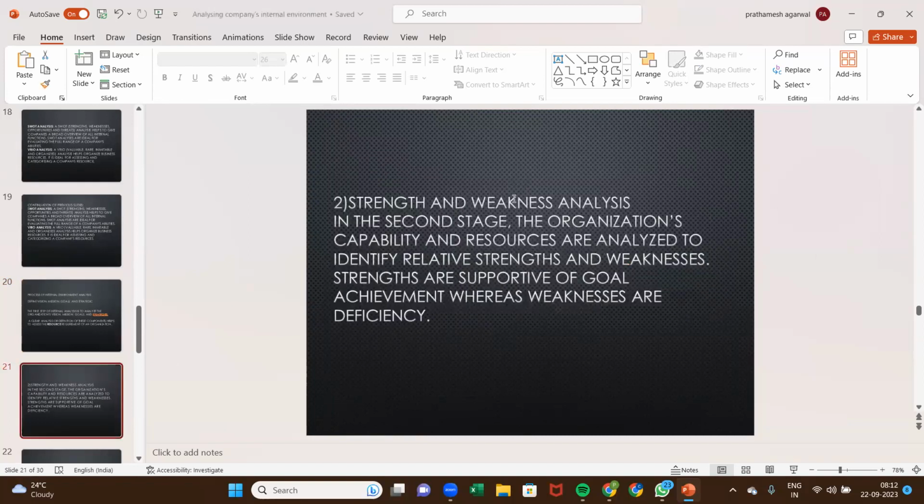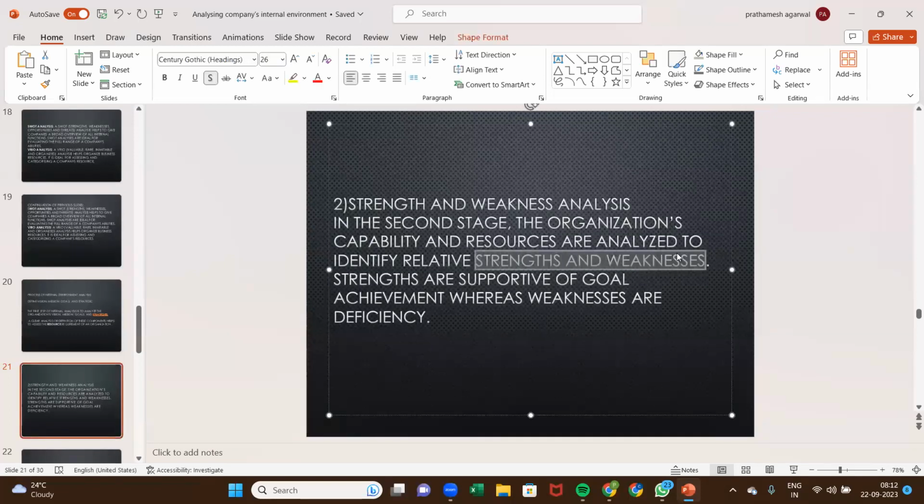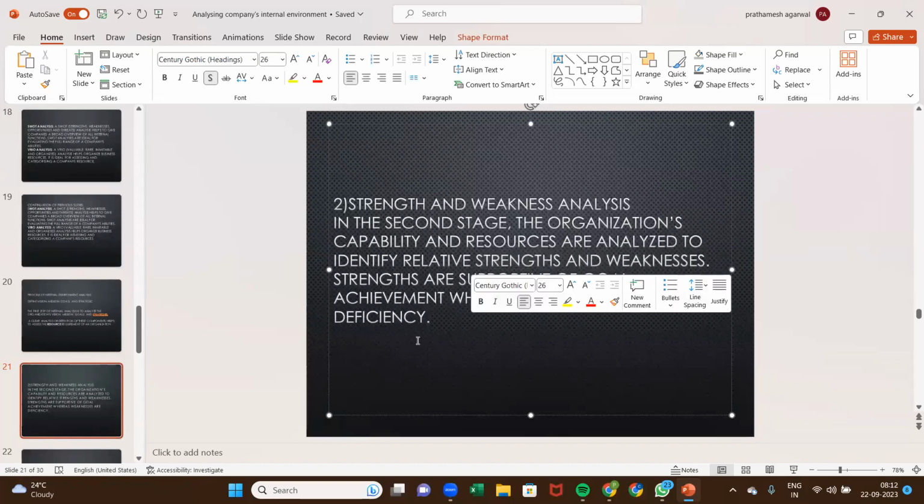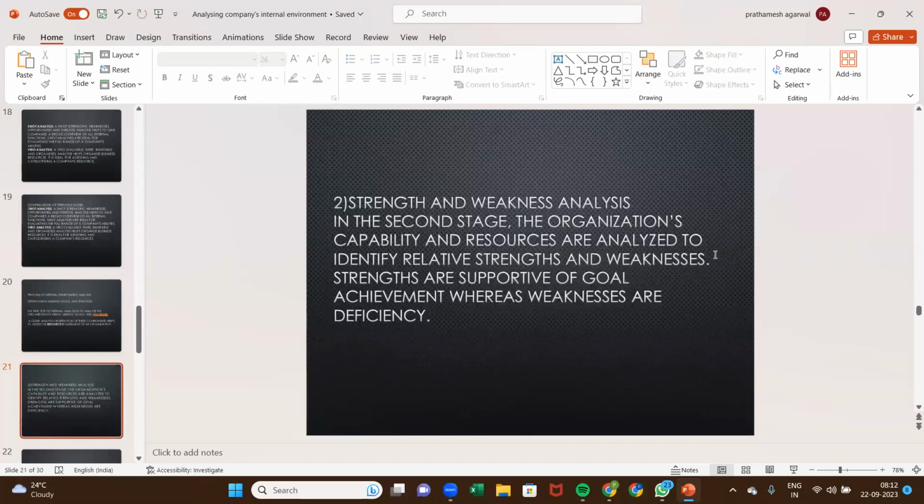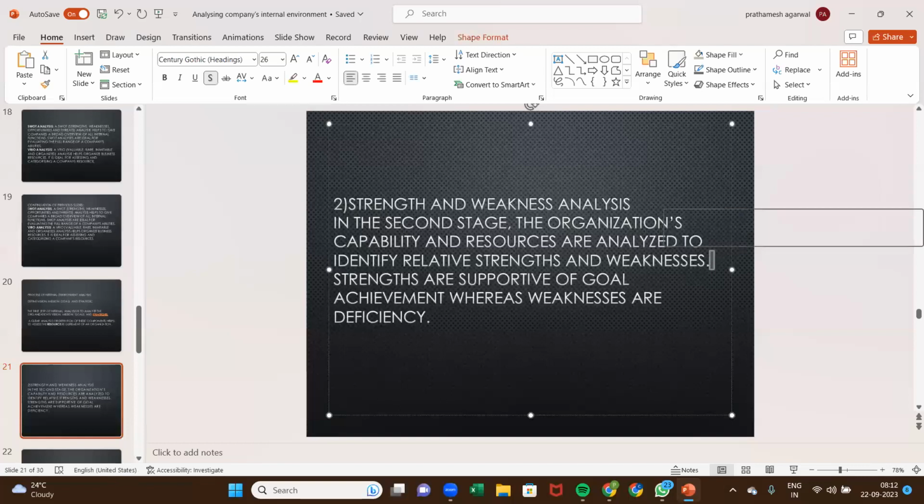Then the strength and weakness analysis in the second stage. The organization's capability and the resources are analyzed to identify, right, the strengths and weaknesses. Now, once the strengths and weaknesses are identified, what do they tell us?